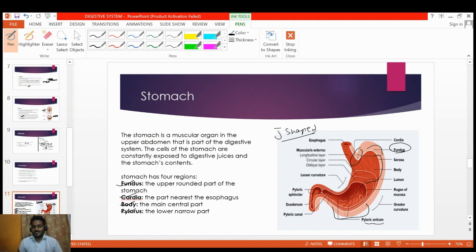As food enters, a churning movement takes place and it mixes with the secretions of different enzymes from the wall of the stomach, and digestion is initiated.